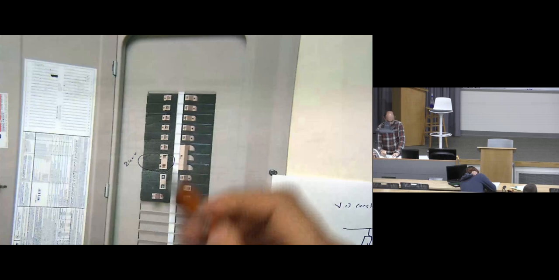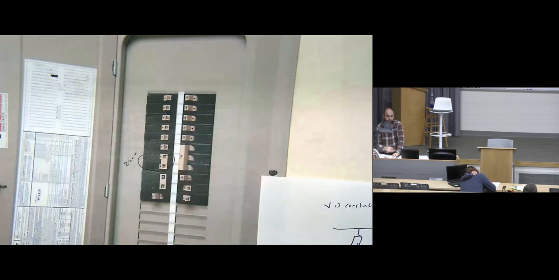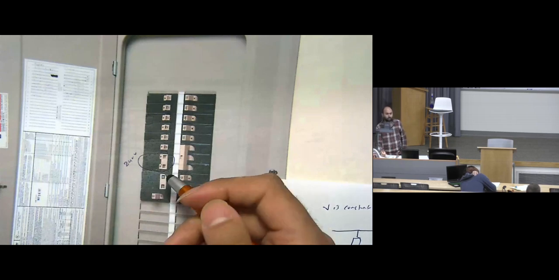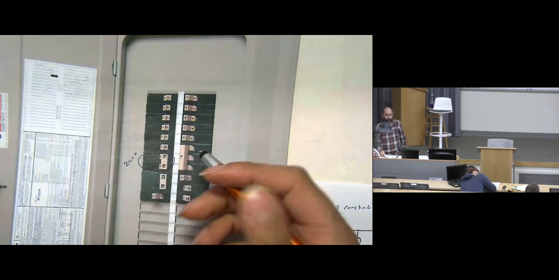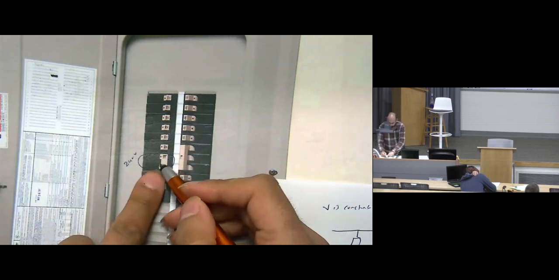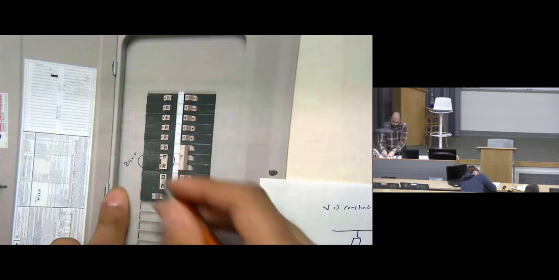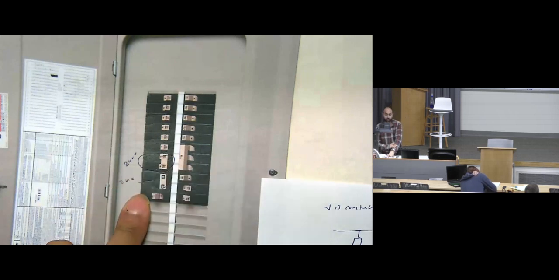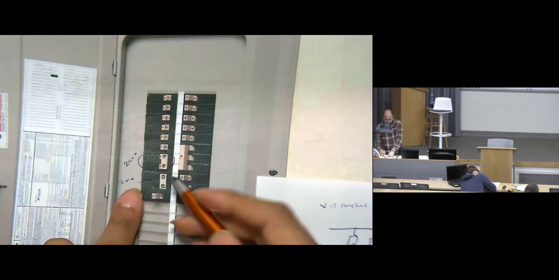I encourage you to look at the circuit breaker panel in your apartment or home, and you will see that these two are connected to devices that need higher energy. For example, these two are connected to the dryer, and these two, also 240, are connected to the air conditioning units. So it depends on the application.